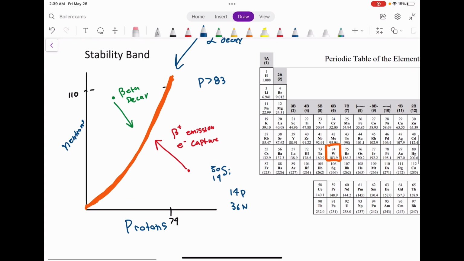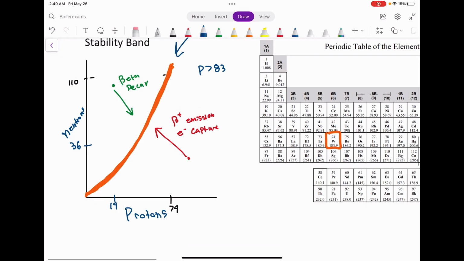So if we were to plot this, let's say 14 might be there, and 36, I don't know, somewhere right there. So we'd be up in this region. And we know now that we have too many neutrons, so we're going to approach this line with beta decay. So if a problem were to give me silicon 50, I know it's going to undergo beta decay. It just has too many neutrons.